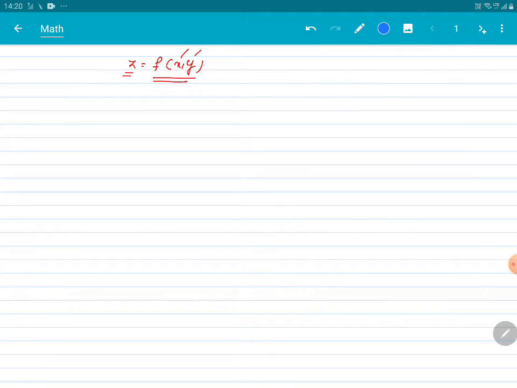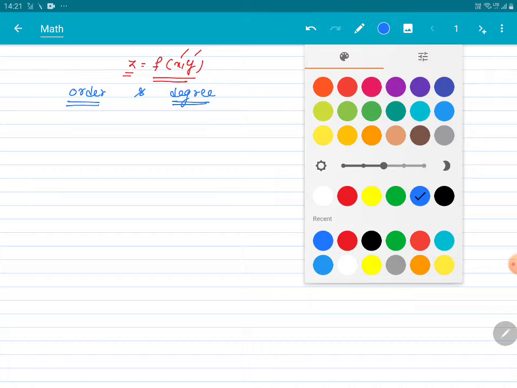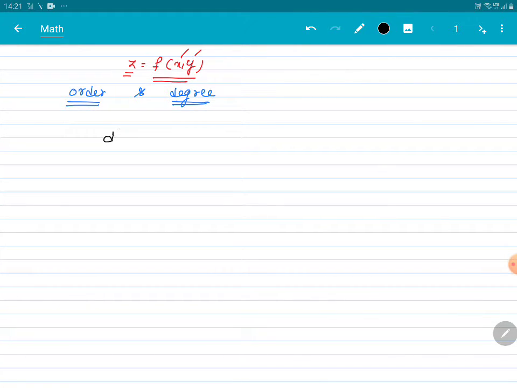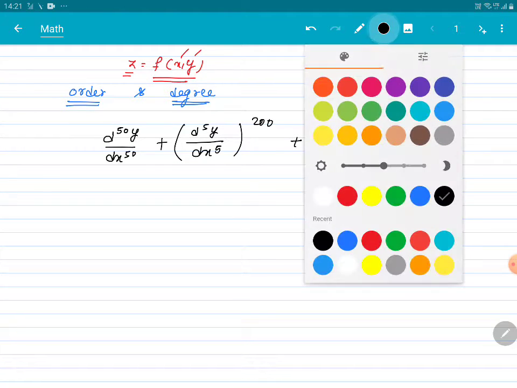First we'll remember order and degree. What is the order and what is the degree? Suppose a question is d50 y by dx50, (d5 y by dx5) whole to the power 200, plus dy by dx is equal to zero.